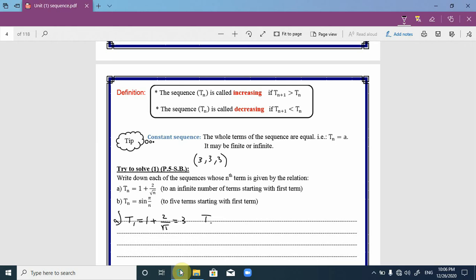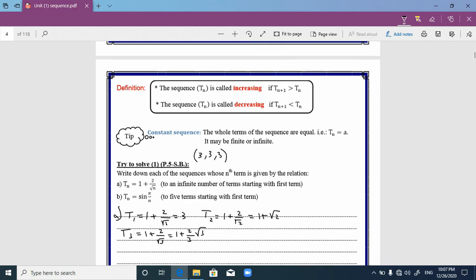For the second term, as you know, if we substitute with 2, it will be 1 plus 2 over root 2. 2 over root 2 equals root 2, so it is 1 plus root 2. Okay, let's see the third term. T3 equals 1 plus 2 over root 3, equals 1 plus 2 over 3 root 3, and so on.